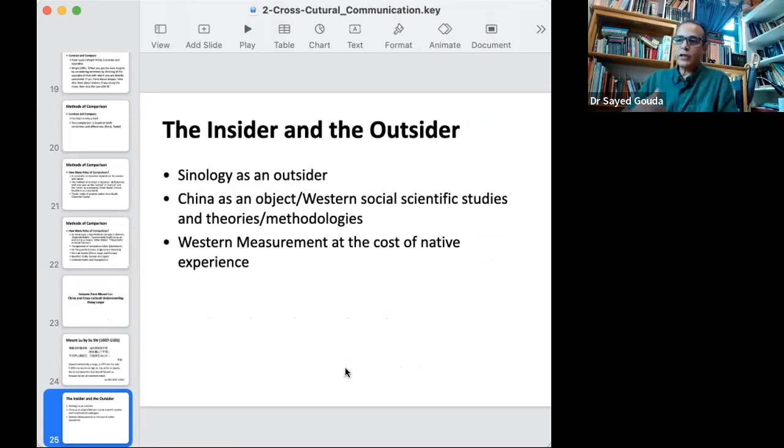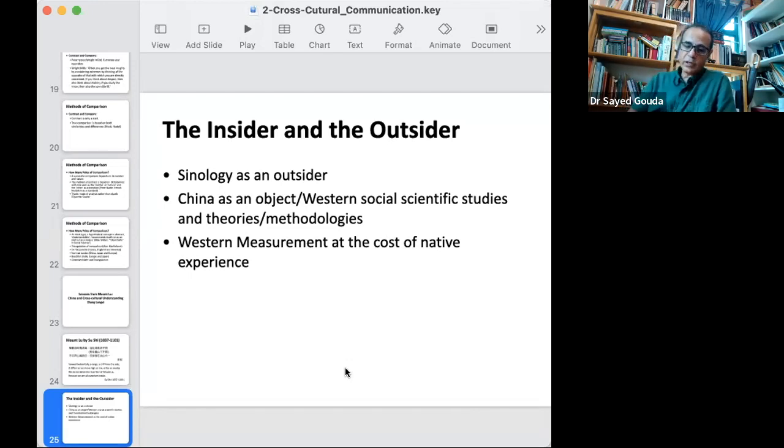he talked about sinology and sinologists as outsiders. They are the outsiders who study Chinese history from a distance. So the question he poses here: are they able to understand this Chinese history better than Chinese people, Chinese scholars?